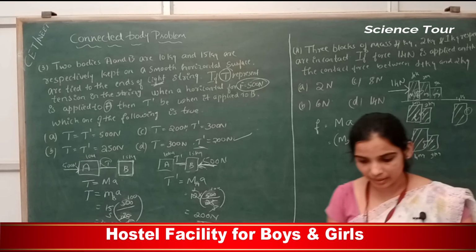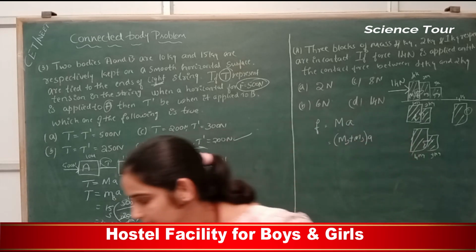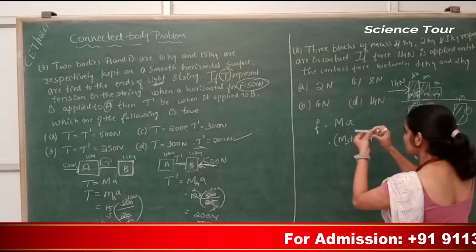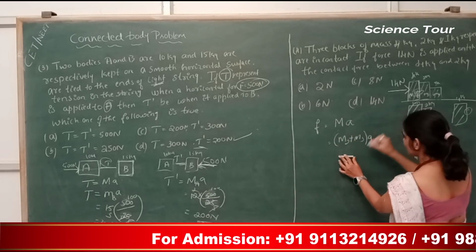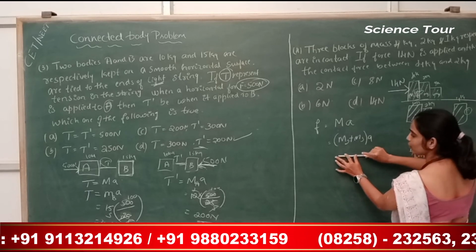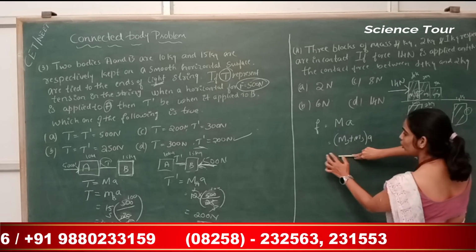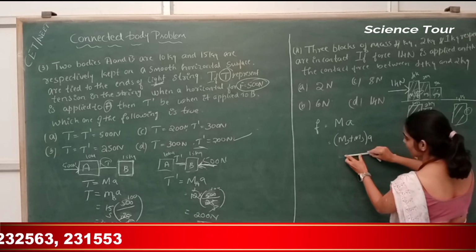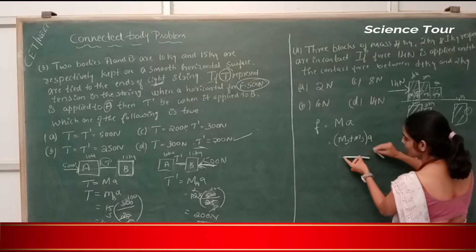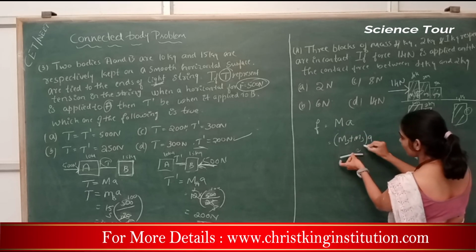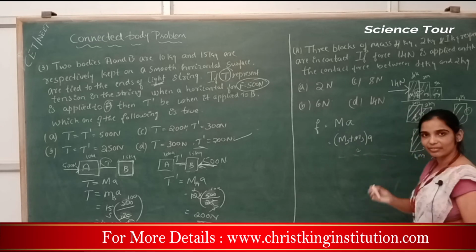What I am trying to tell you is, this is my 4 kg mass, this is my 2 kg mass and this is my 1 kg mass, where the force is applied on the 4 kg mass. So I push it. When I push it, the contact force between 4 kg and 2 kg is pushing this 2 kg and 1 kg towards left, correct?